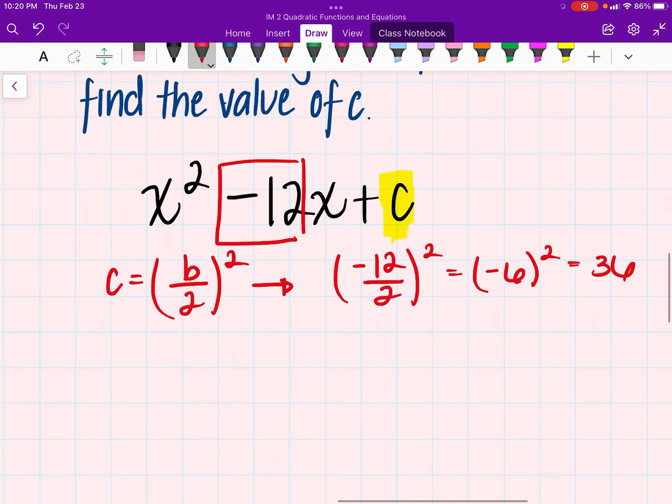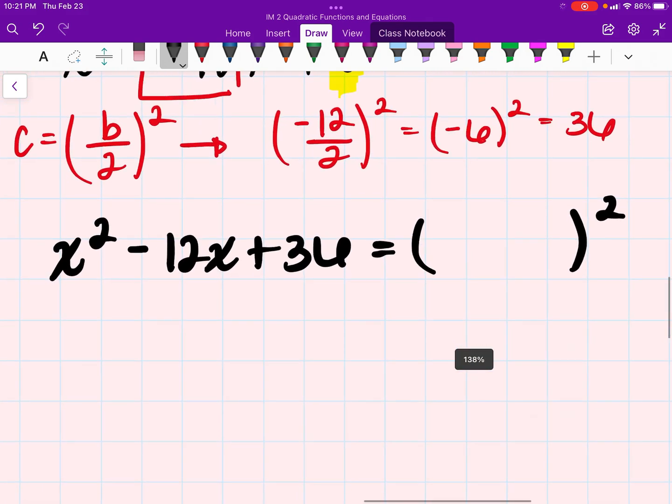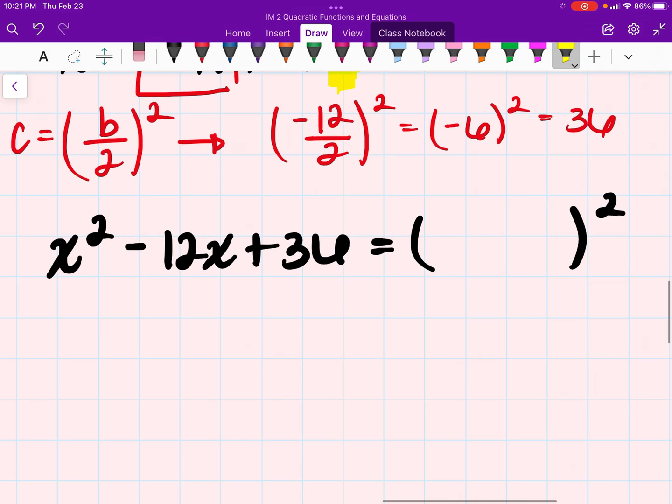So our perfect square trinomial should be x squared minus 12x plus 36. I'm not going to just stop here, because I want to express this as a squared binomial. If it's a squared binomial, it's because the factors you find with the diamond method are the same exact number, which means we're looking at a perfect square.